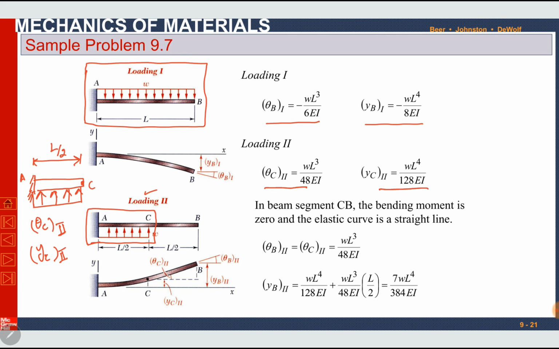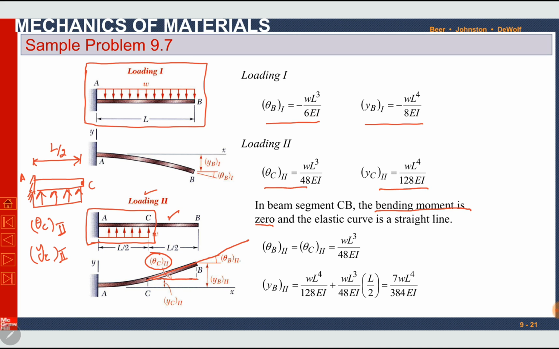Now in the beam, I can see that this is theta C2, and here we extend it further from C to B. There is no load between point C and point B. There is zero bending moment between B and C. So the elastic curve will be straight.